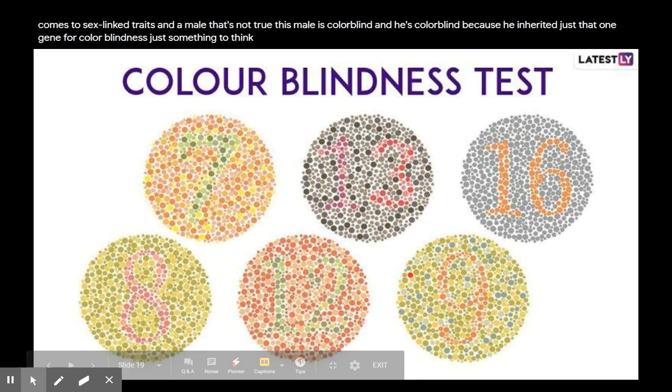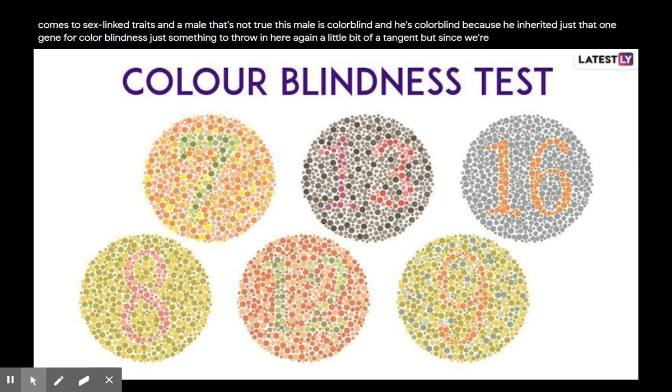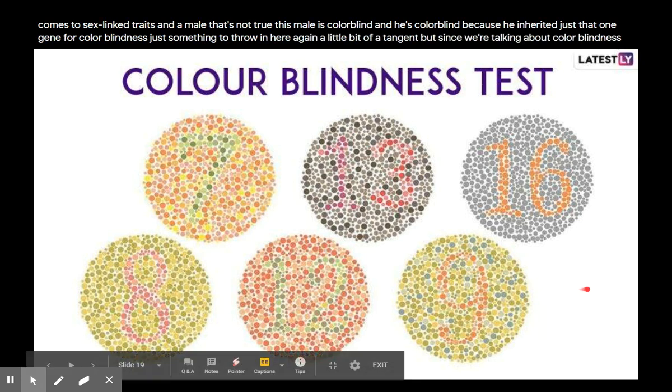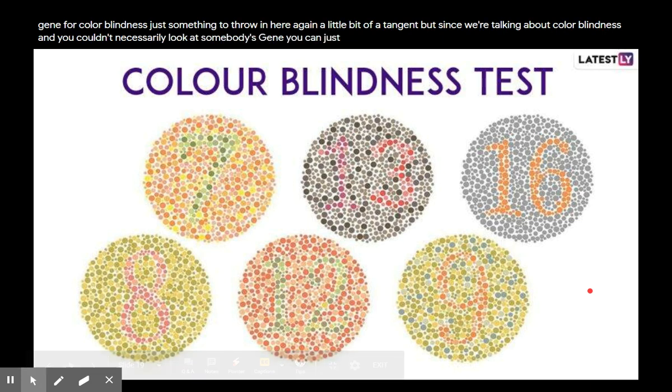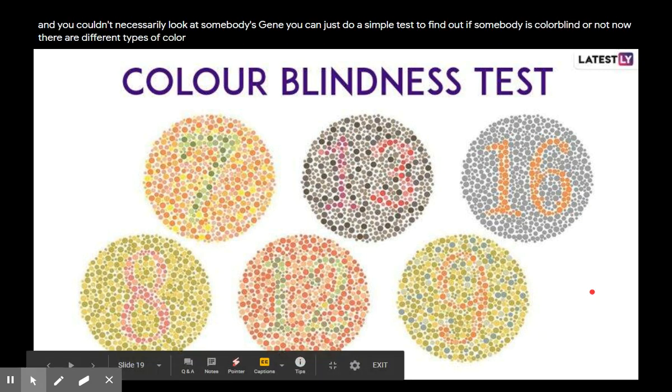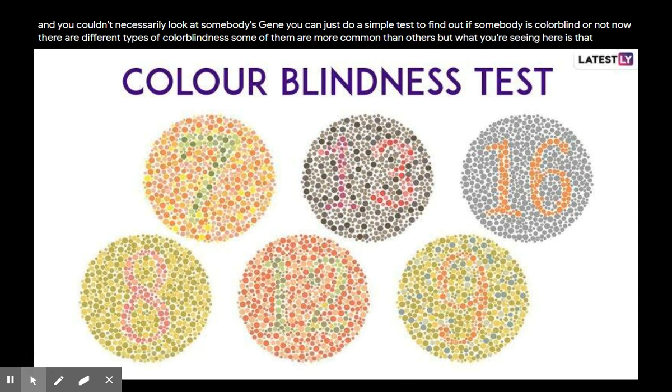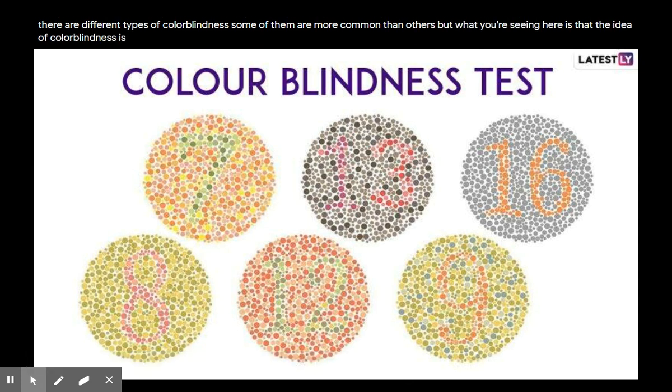Just something to throw in here, again, a little bit of a tangent, but since we're talking about colorblindness, you couldn't necessarily look at somebody's gene. You can just do a simple test to find out if somebody is colorblind or not. Now, there are different types of colorblindness. Some of them are more common than others, but the idea of colorblindness is that it's not that people see in black and white, it's not that they don't see color, they simply can't differentiate between certain colors.